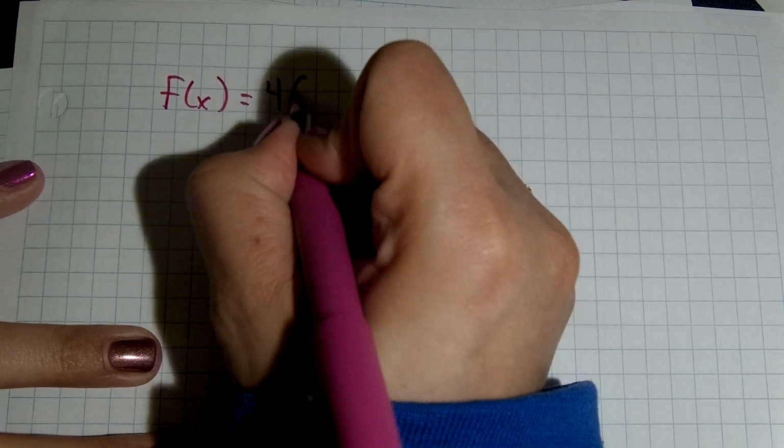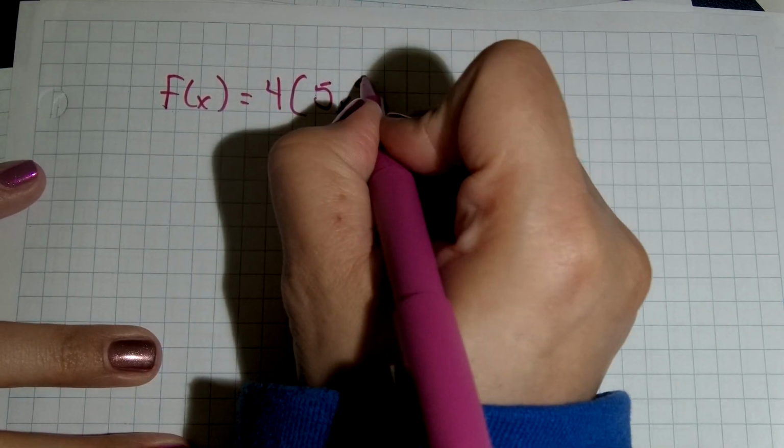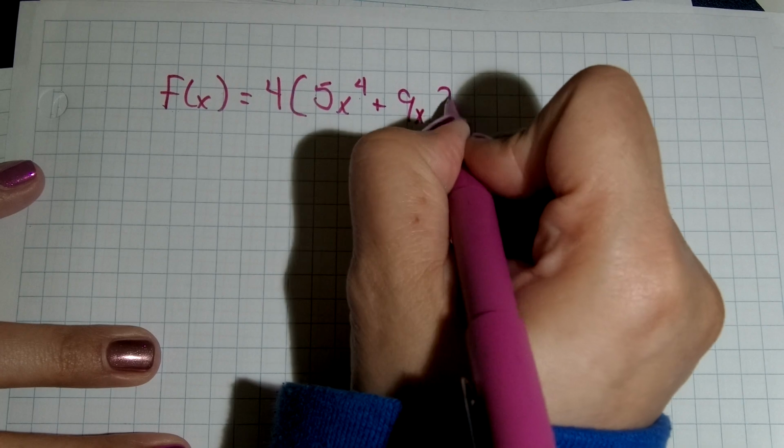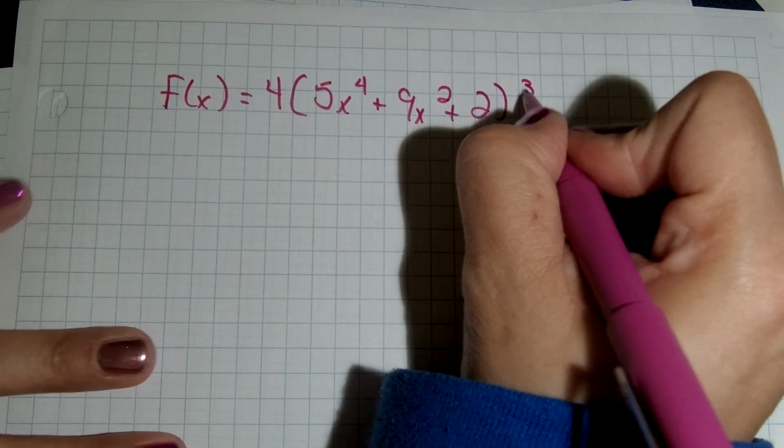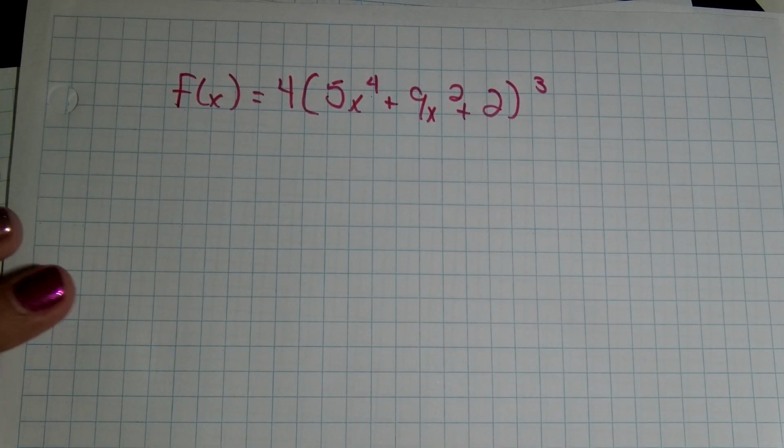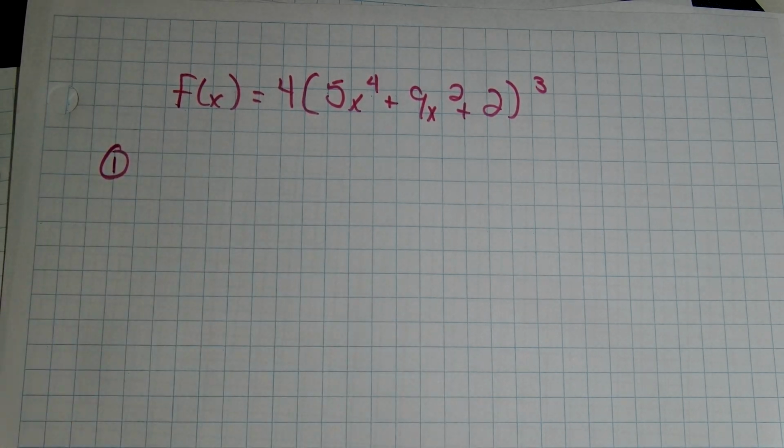All right, example 1. We have f of x is equal to 4 times the quantity of 5x to the 4th plus 9x squared plus 2, all cubed. Okay? Let's go through the steps. Somebody tell me what my first step is. Find u.